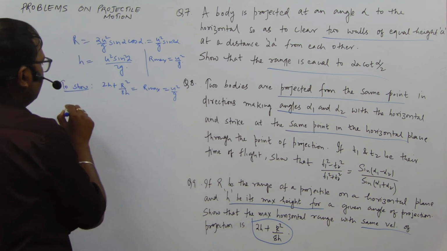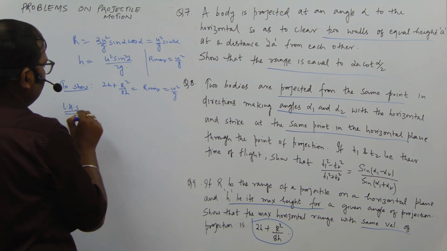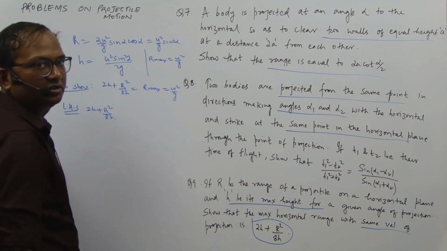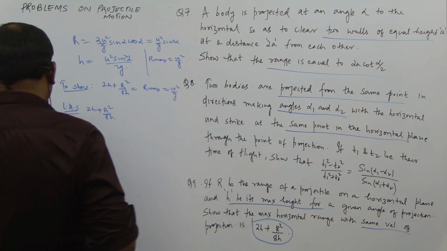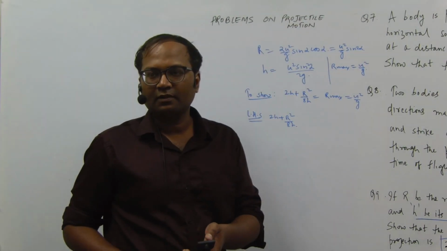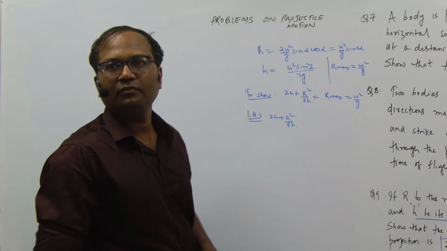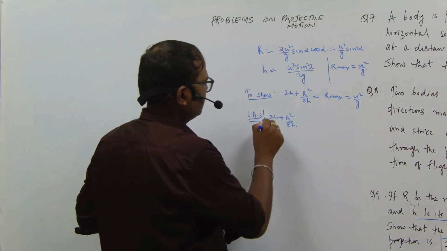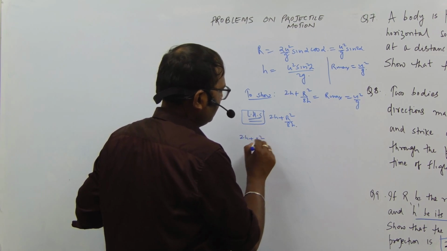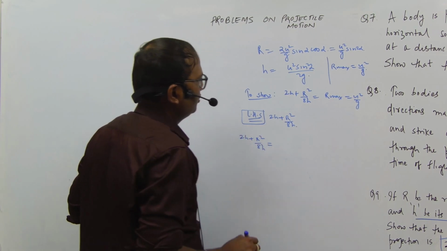So let us take the LHS part. The LHS part is 2h plus R square upon 8h. Let us put the values here. So 2h plus R square upon 8h is equal to 2 into h.